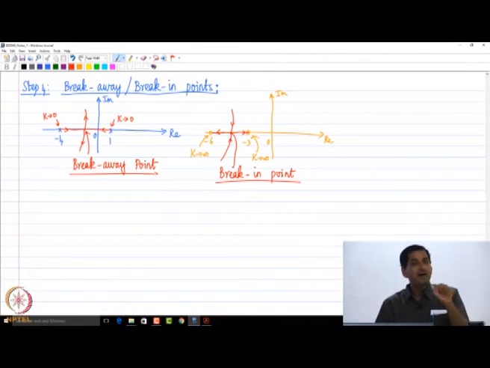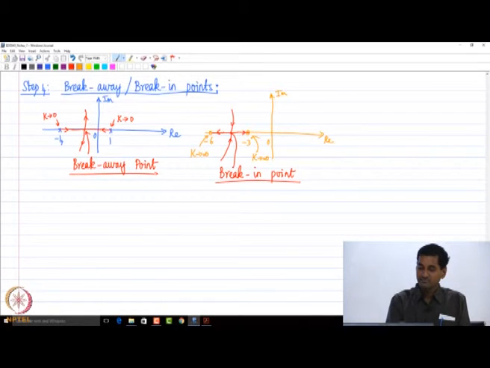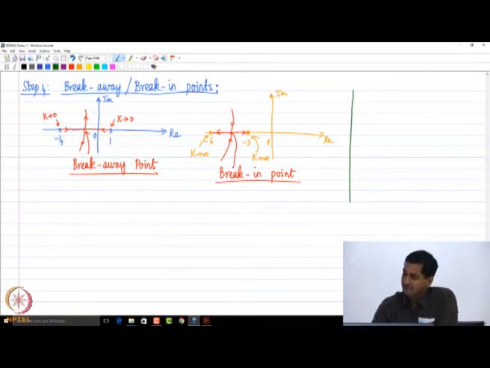Now I asked you a question, I think two classes ago. I left you with a question. If you have a polynomial which has a repeating pole, what characteristics can you extract from it? Let's go as an aside. Let's say I have a polynomial d1 of s, which is s plus 1 times s plus 2.